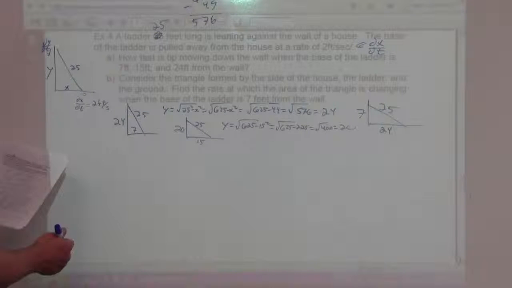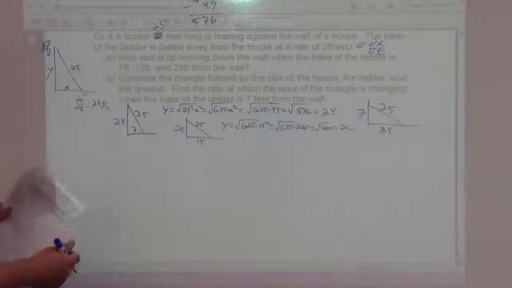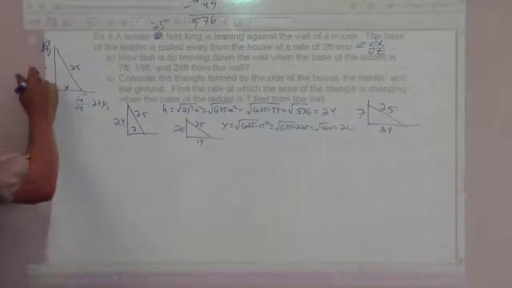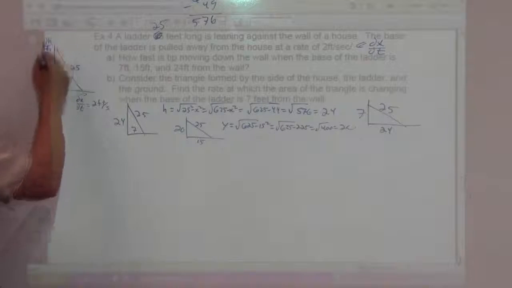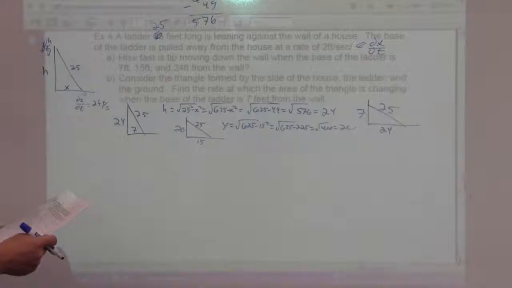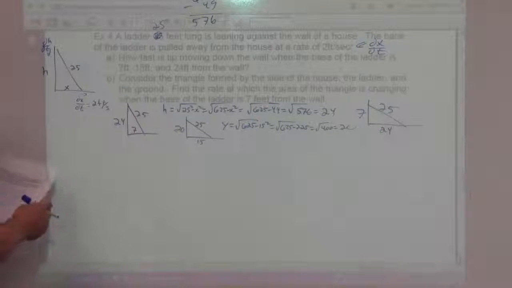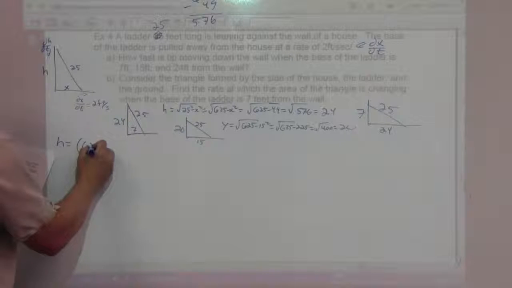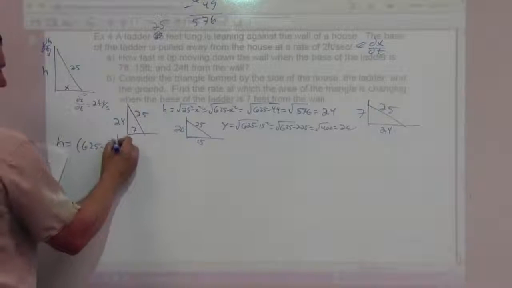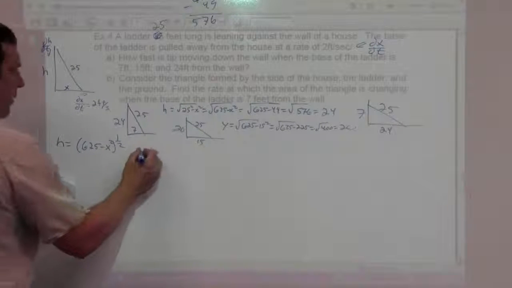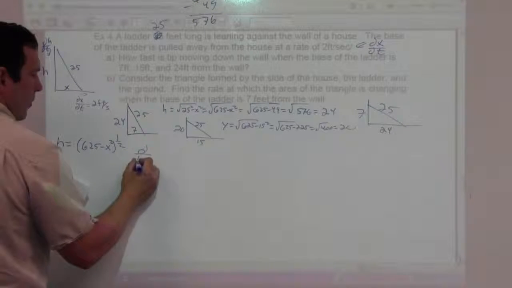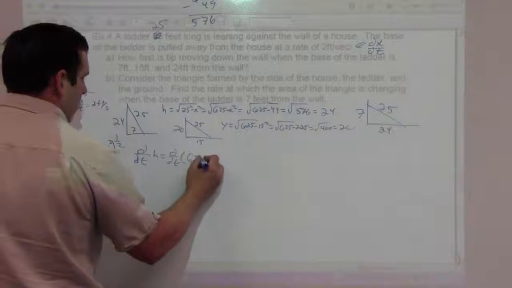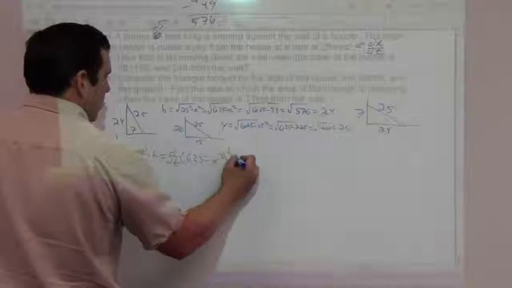So, do you want to go with h or y? I did h in my notes, so maybe I'll go with h for the height instead of y, just to be consistent. dh dt. Based off what we saw here, h would be equal to 625 minus x squared to the 1/2 power. So our derivative with respect to time of h would be d dt of 625 minus x squared, the 1/2.